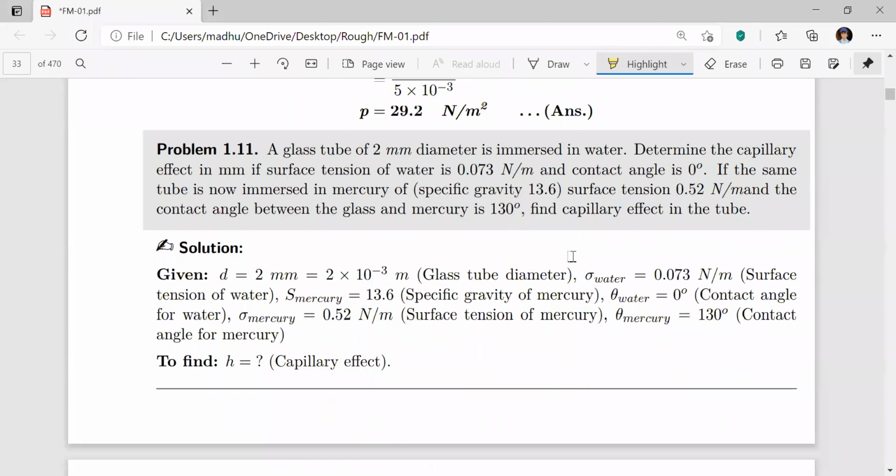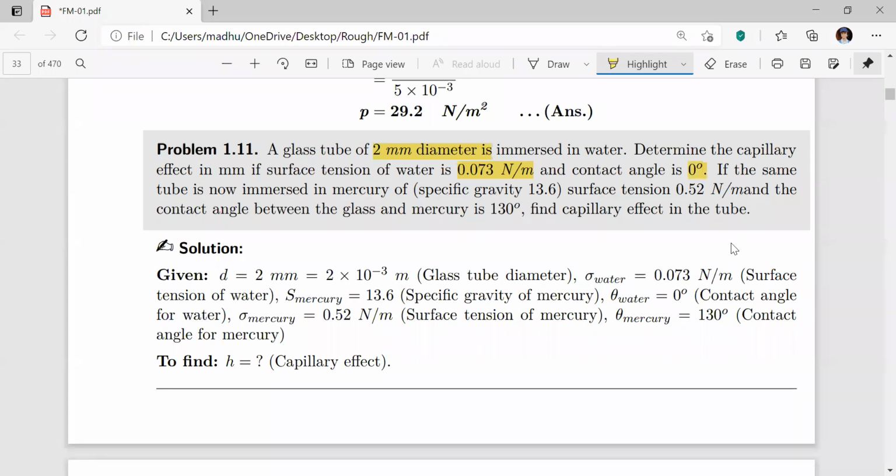Now you just note down one problem. There is a glass tube of 2 millimeter diameter, which is immersed in water. Determine the capillary effect in millimeter if the surface tension of the water is 0.073 Newton per meter and the contact angle is 0 degrees. So for water and a clean glass tube, the angle of contact is 0 degrees.